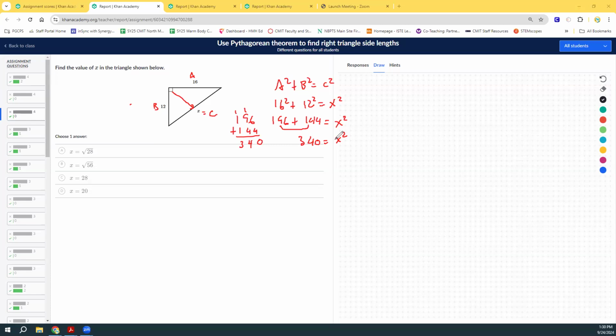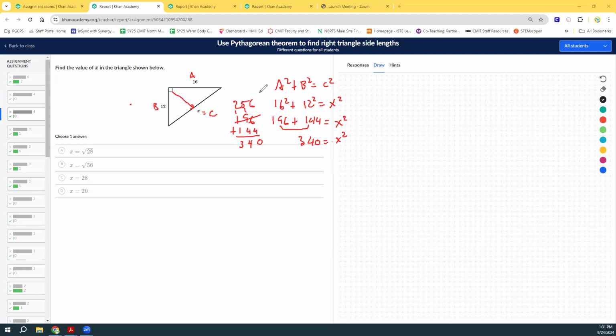So then we're gonna, oh, you know what? But that's not, what is 16 squared? See, that's the problem. 16 squared is not 196. That's 14 squared. 16 squared is gonna be 256. So now I gotta redo everything.